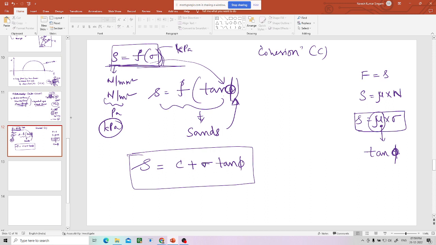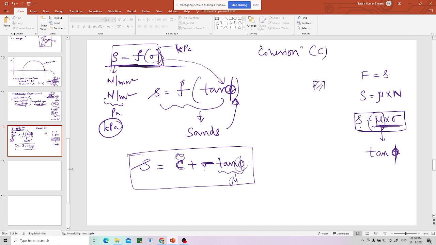If you apply some sigma, sigma into tan phi is nothing but mu sigma, which is shear strength. It's not just equal to mu sigma. As it is clay, as it is soil, it's not just a block. As it is soil, it has some cohesion. The cohesion is nothing but C. That is the reason why C and phi are called shear strength parameters.